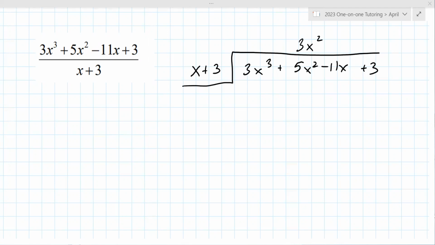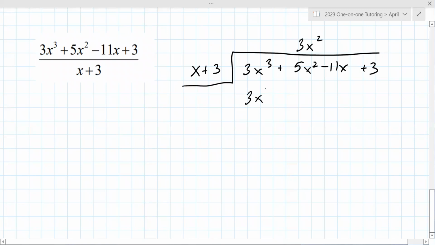Would 3x squared times x be 3x cubed? Yes. Again, so that would make it 0. Just making sure. And then 6x squared? No, wait, because it's 3 times 3.